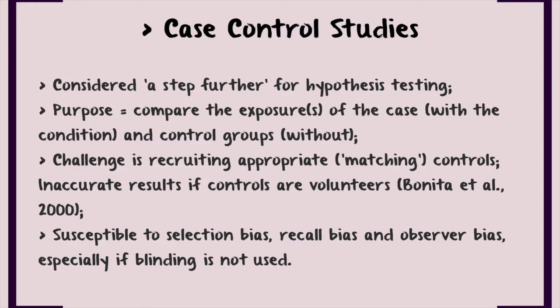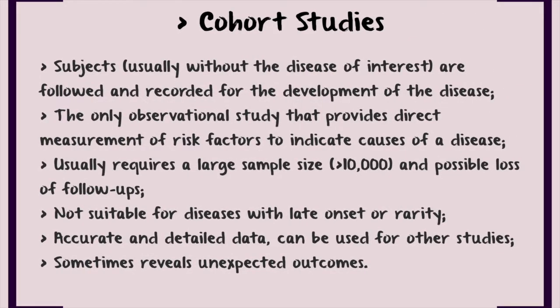In cohort studies, subjects are followed and recorded for the development of disease. It is the only observational study which provides direct measurement of risk factors to indicate causes of a disease. It commonly requires a large sample size, usually over 10,000, and there can be loss of follow-ups.